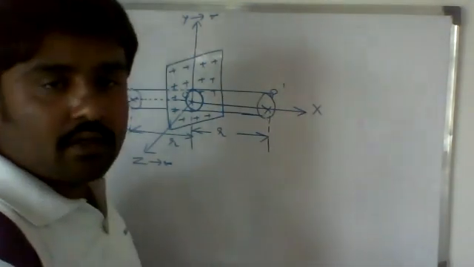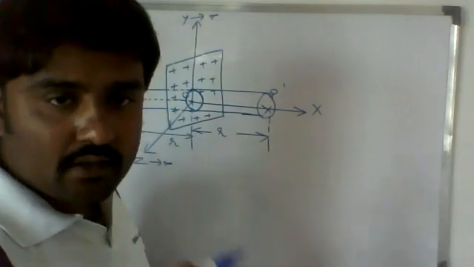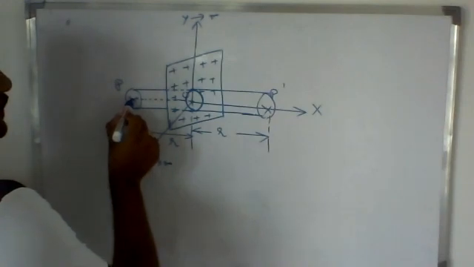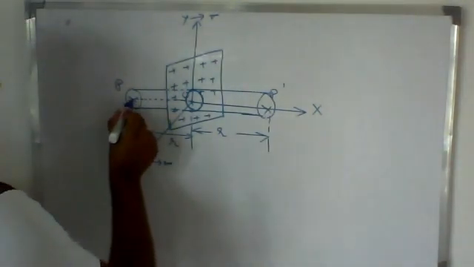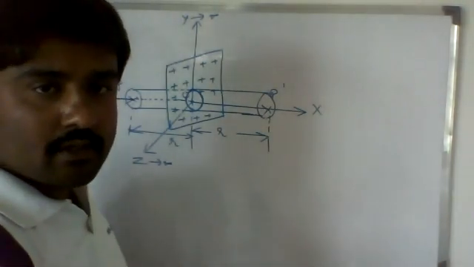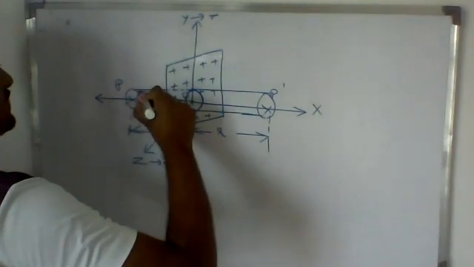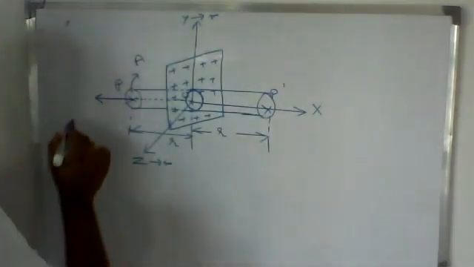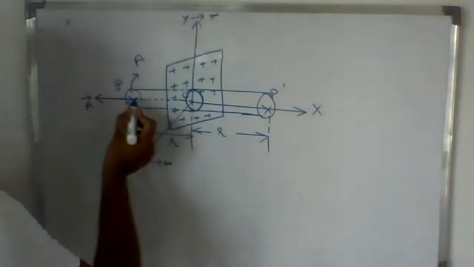First, let us draw the directions of the normal and the direction of electric intensity on each surface. What is the direction of the normal at the left flat circular surface? Normal is always directed outwards. Normal means imaginary perpendicular to the given surface, directed outwards. Here A is the uniform cross-sectional area of this Gaussian cylinder, so the A vector is directed outwards.